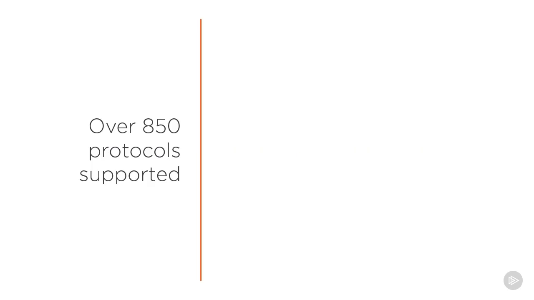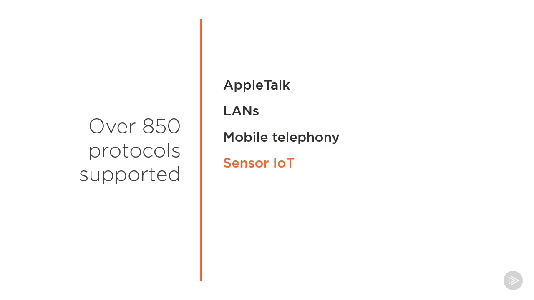Wireshark is capable of dissecting hundreds of different protocols. For example, AppleTalk, both wired and wireless LANs like Ethernet, Wi-Fi, Token Ring, mobile telephony networks like GSM, UMTS, and the more recent LTE standards. The sensor IoT networks such as Zigbee, Wireless HART, and Bluetooth Low Energy.